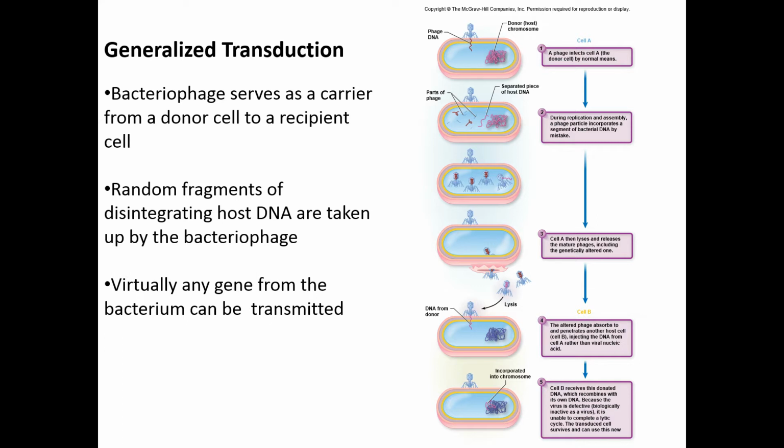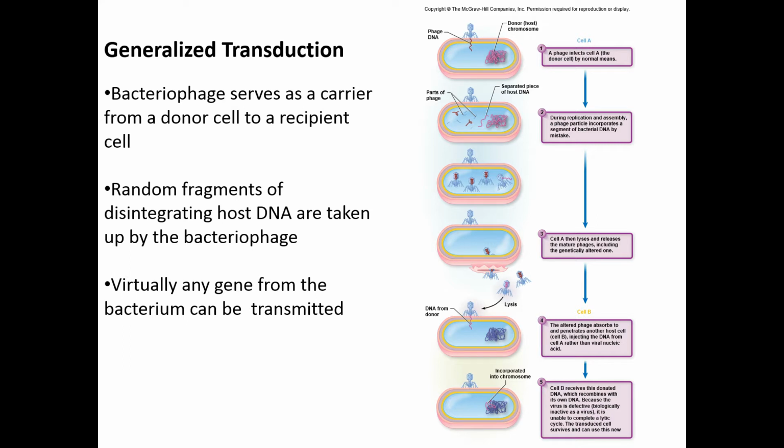Alright, in this case, this little phage that now has the host cell DNA in it, when it leaves the bacterial cell and it lyses open, this phage then infects a new bacterial cell. Now, this phage is technically dead at this point, right?